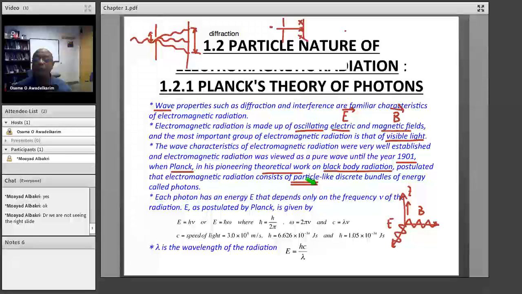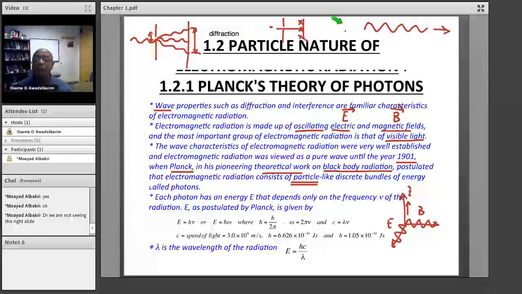Okay? You can think of electromagnetic radiation as waves, going in this direction. So they could be waves, right?